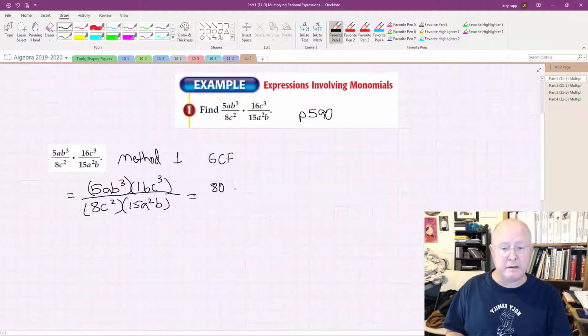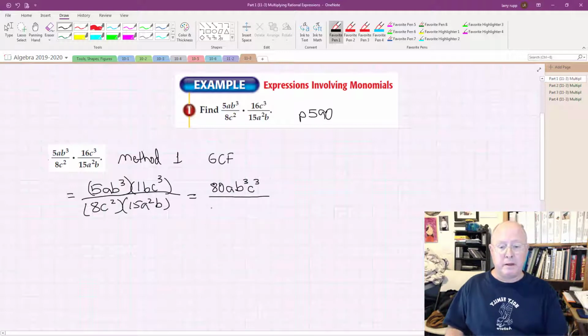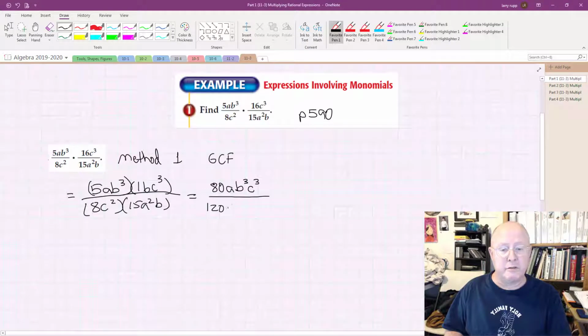There's an a, and that's it. There's a b cubed, and that's it. And there's a c cubed, and that's it. All over, 8 times 15 is 120. There is an a squared, there is just a b, and there is a c squared.